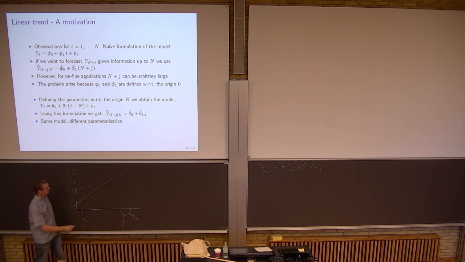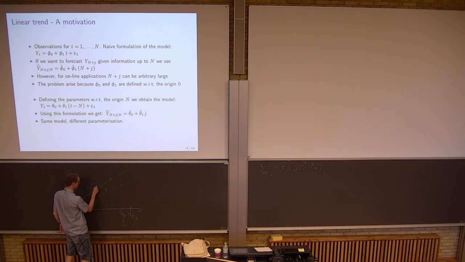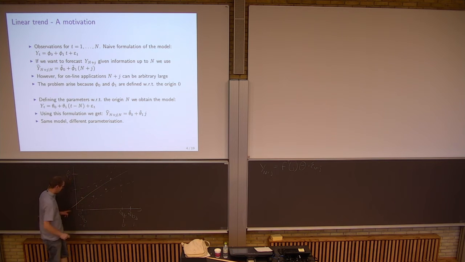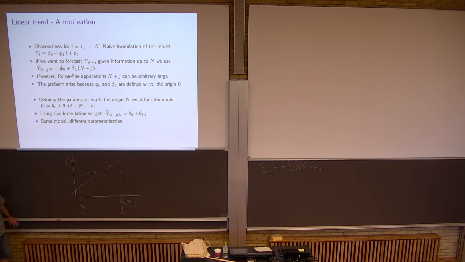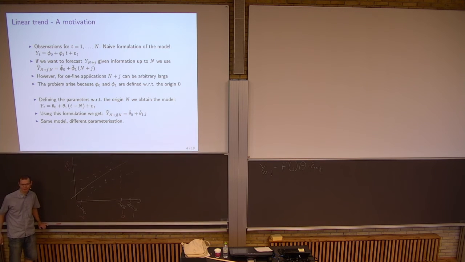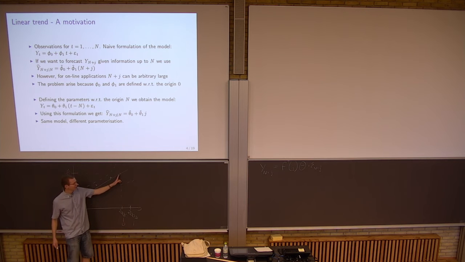So what does that do? It means that if you have a reference point that is far back in time, the estimated parameter down here will actually be very, very uncertain. You'll have a growing uncertainty of that point as well.